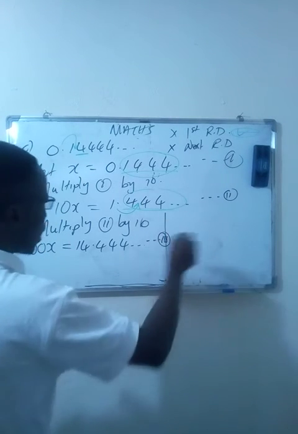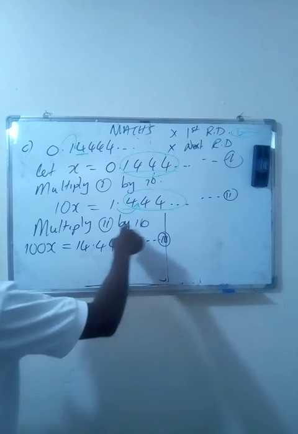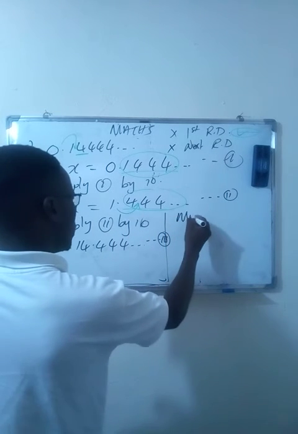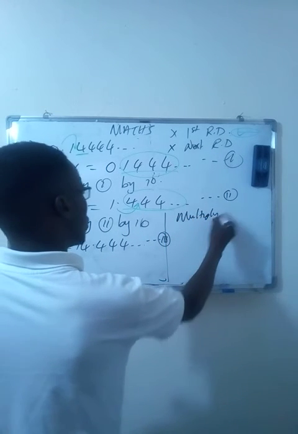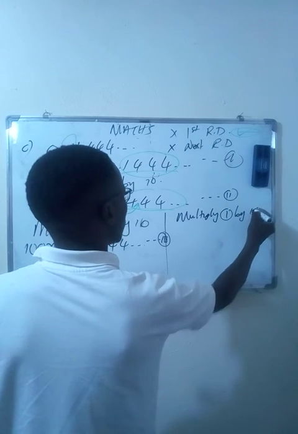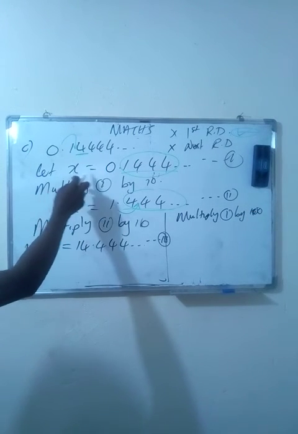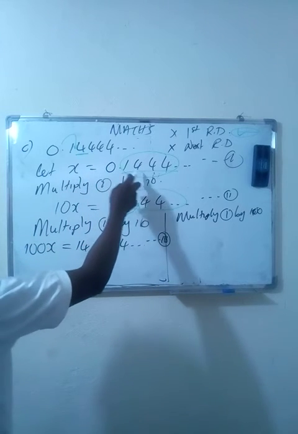Now, let's look at an alternative. Instead of multiplying equation 2 by 10, you can also multiply equation 1 by 100. Remember, equation 1 is x equal to 0.14444.